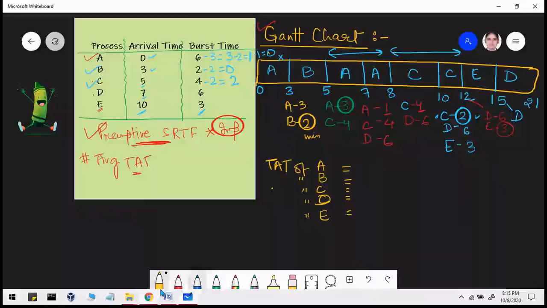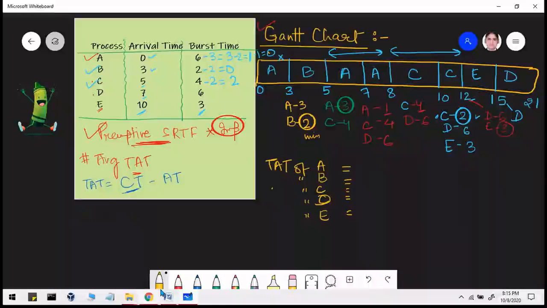As I've told you earlier also, what is the turnaround time? Turnaround time is completion time minus arrival time. In this completion time, your waiting time is also included, but only the arrival time is subtracted.